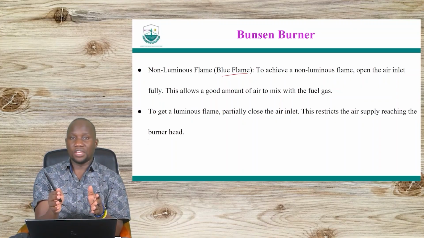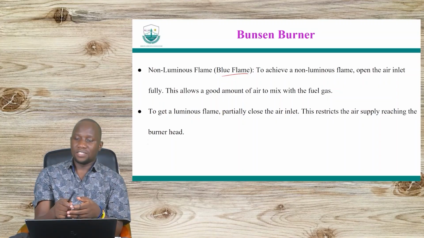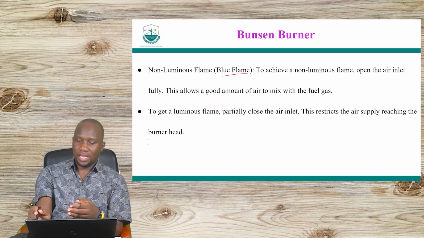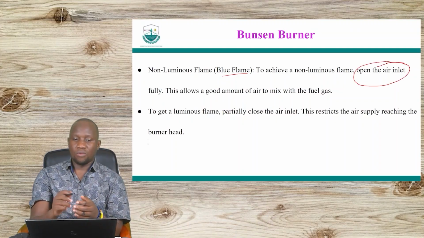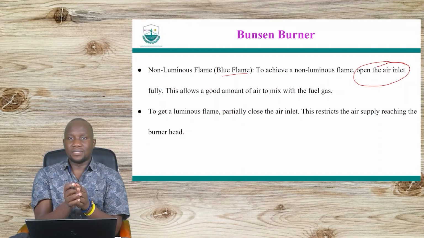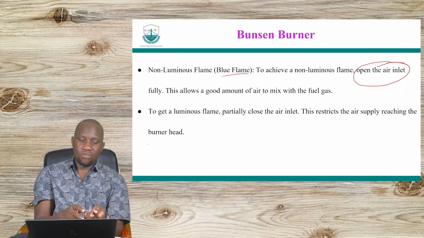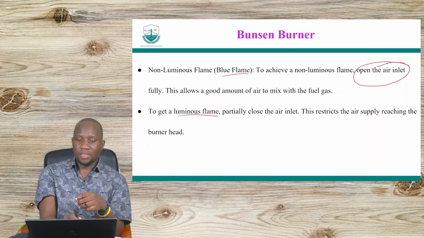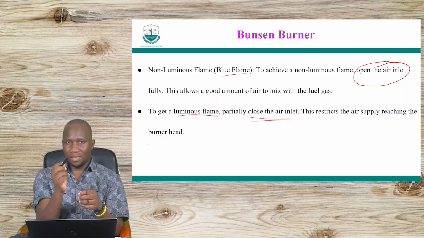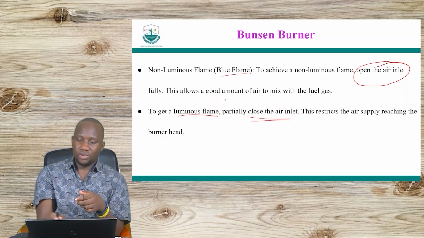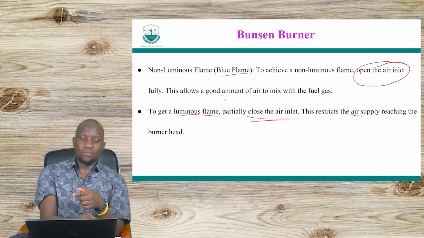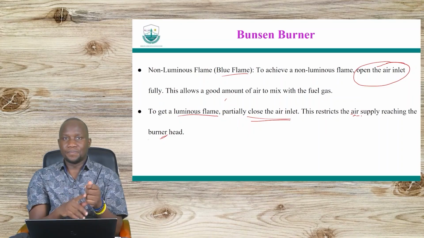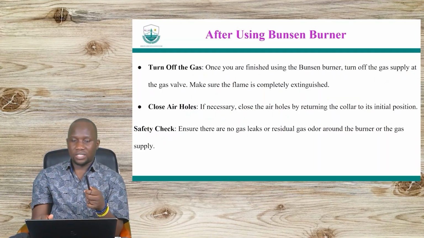It gives out a lot of heat but little light, so it is good for heating purposes. How do we achieve that? You open the air inlet completely, so you have more air and complete combustion. If you want to get the luminous flame, then the air inlet has to be opened partially, such that you restrict the air that will be burning at the burner head. This relates to what we have already looked at.